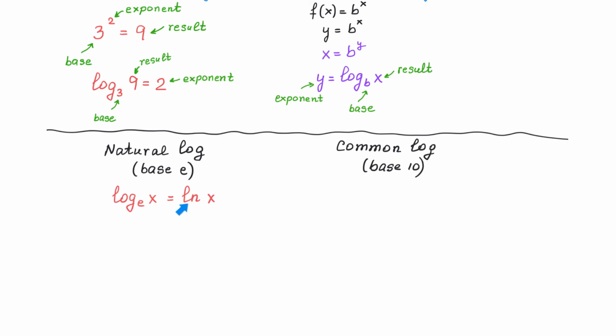So when we see ln, that means that we have a logarithm where the base is e, and e is a number that is, with approximation, 2.7. Now, when we have a logarithm where the base is 10 of a certain number x, then we write this as just log x. So when we see no base here, we need to remember that this means that the base is 10.